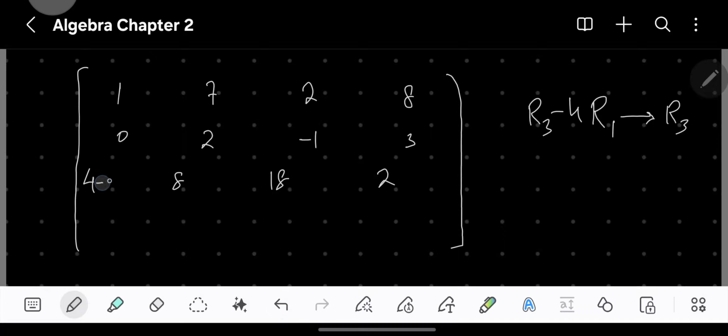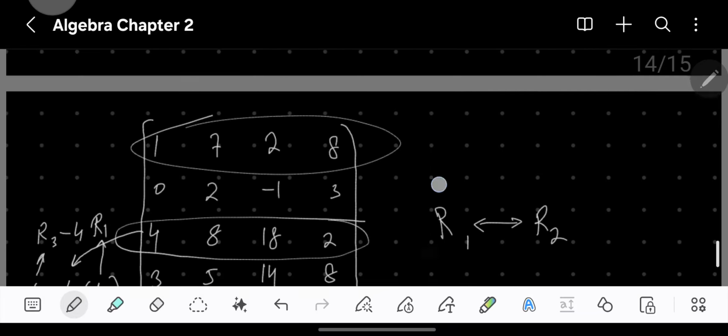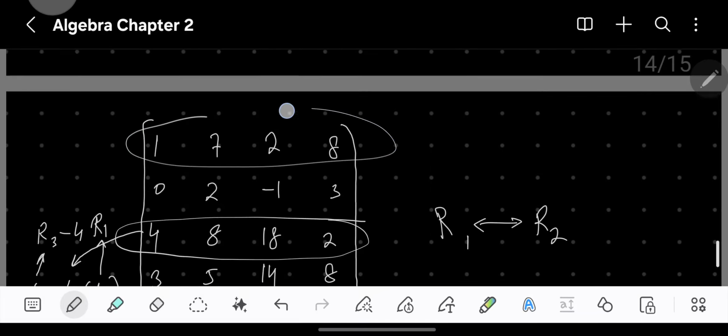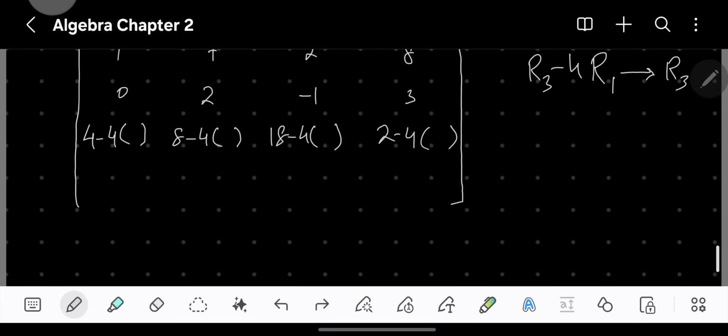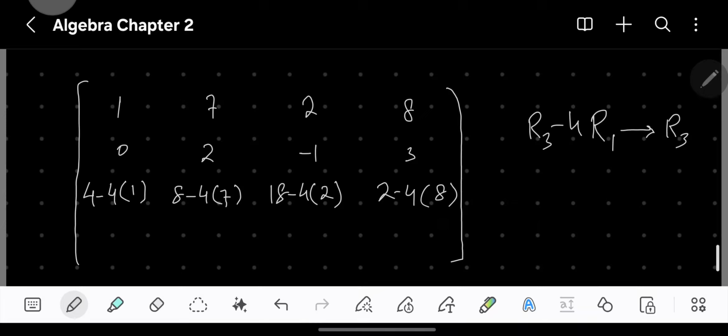I will write the value of R1 here, here, here, and here. What is R1? R1 is 1, 7, 2, 8. So I will put 1, 7, 2, 8.